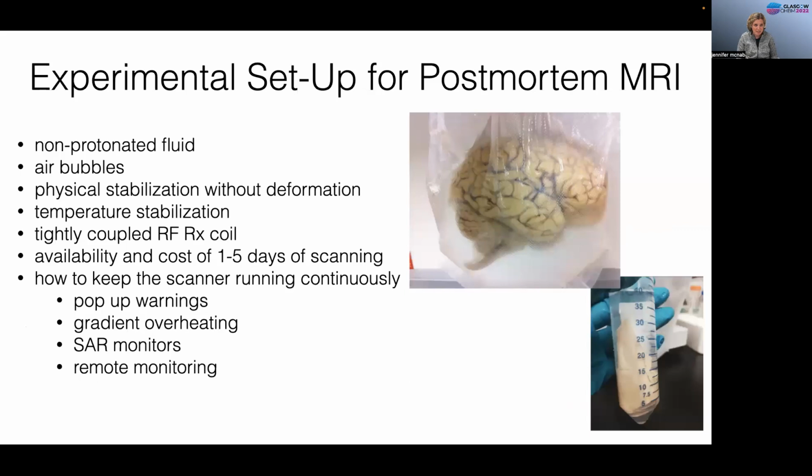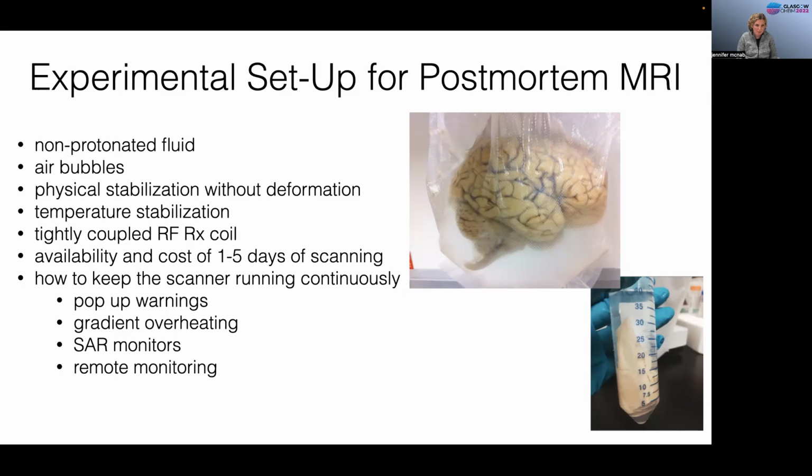In terms of an experimental setup, usually the brain is surrounded with some sort of non-protonated fluid, a perfluorocarbon. The idea is to have a susceptibility match surrounding the tissue, but also not to have too much signal from the fluid surrounding the tissue. There's a desire to eliminate air bubbles.